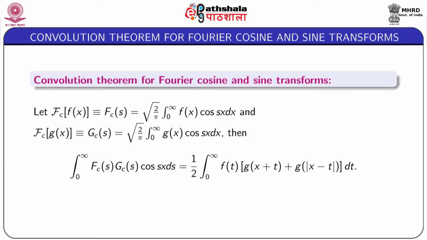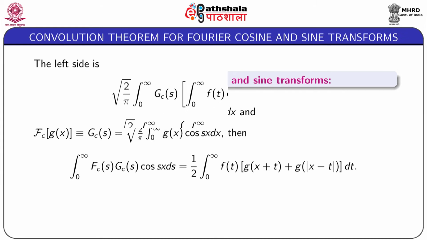Then we have the result: integral 0 to infinity Fcs Gcs cos sx ds is equal to half of integral 0 to infinity small f(t) times [small g(x plus t) plus small g(mod x minus t)] dt.